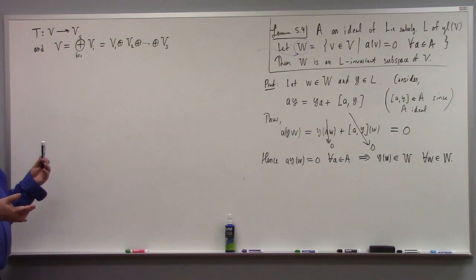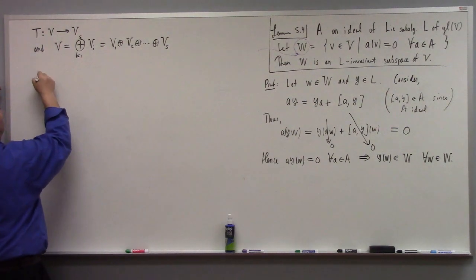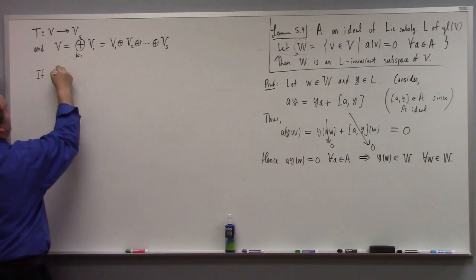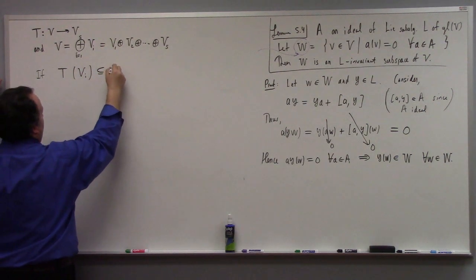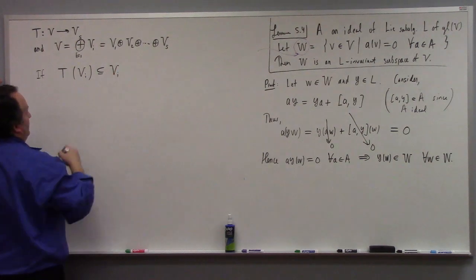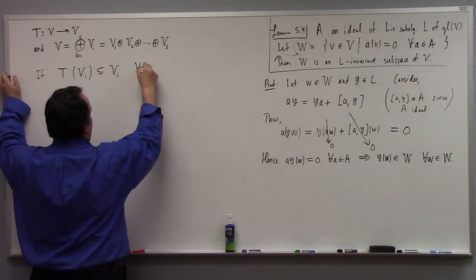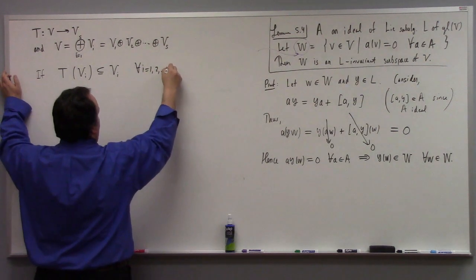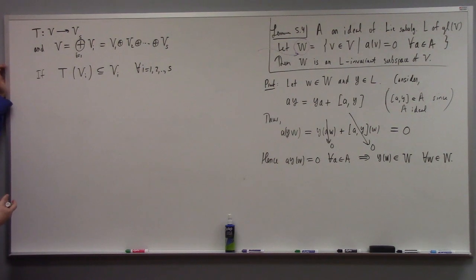What is an invariant subspace? Well, if you have T of Vi is a subset of Vi for all i, then you can expect that the matrix of T has a very special form.